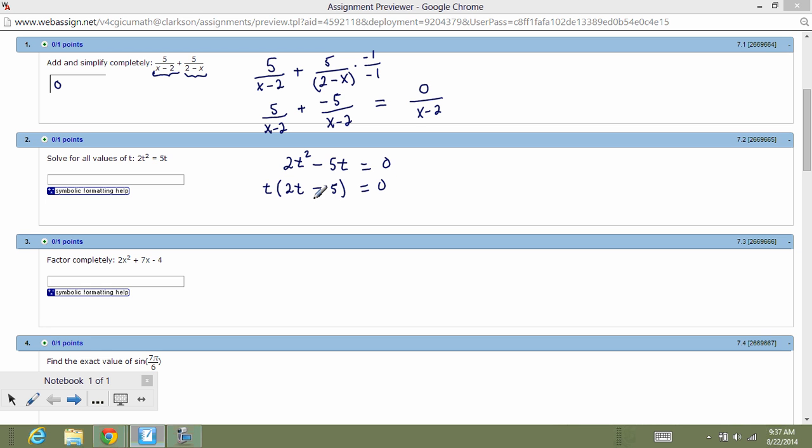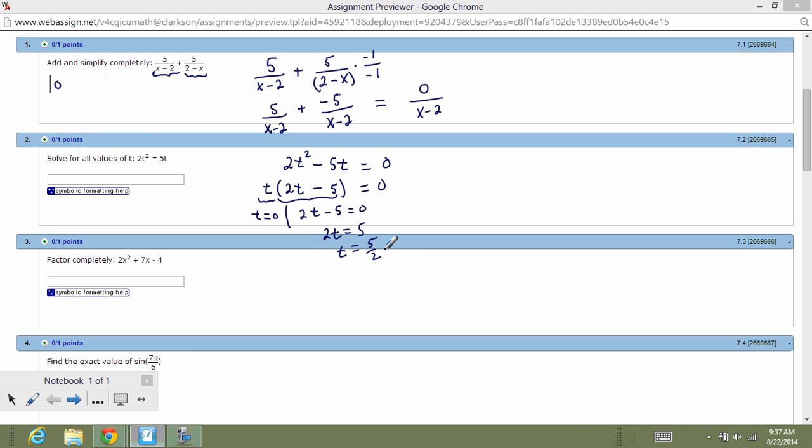And then we'll use the concept that when you multiply a number times a number and your result is 0, then we know that one of those expressions would be a 0. So we get t equals 0 as one answer. And the other piece of this, the 2t minus 5 equals 0, that solves and gives us 2t equals 5 and gives us t equals 5 halves.